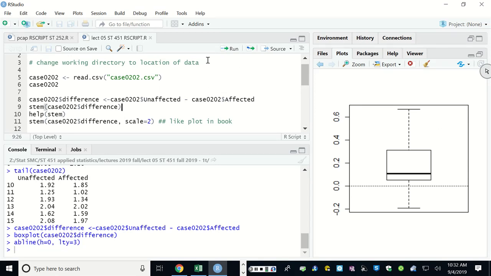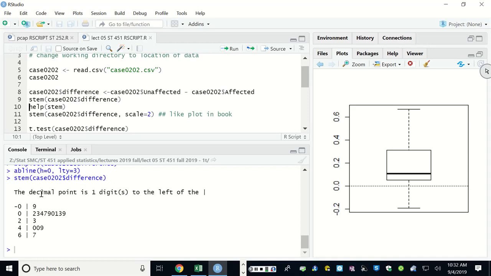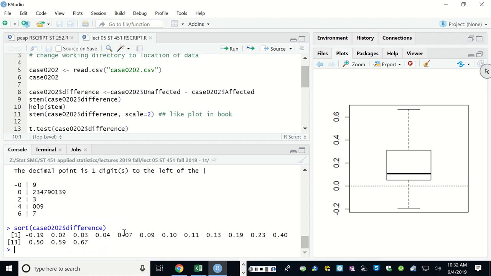A stem plot is another way of looking at that, showing the actual values. So those are the values of the difference.